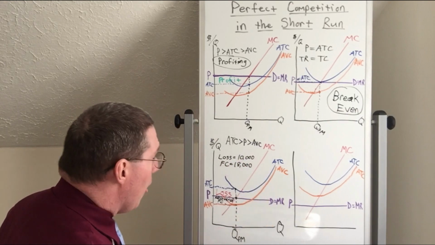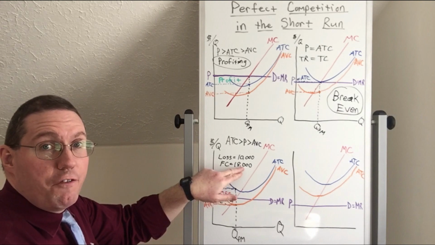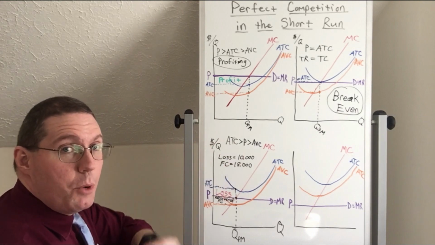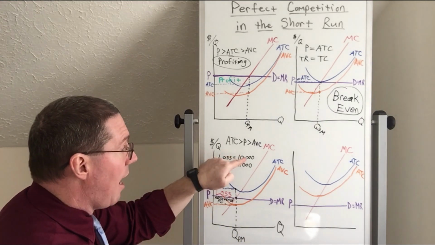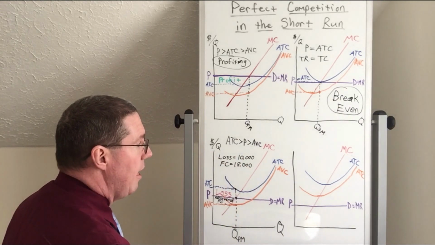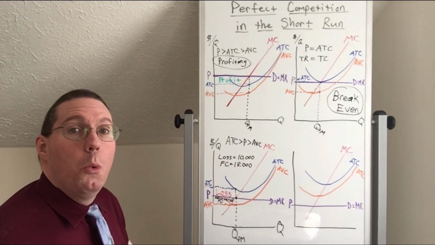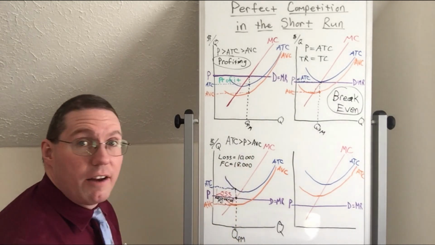If we shut down, we will have to pay out $18,000 in fixed costs. If we operate, we will be losing 10,000. So if you had to choose between losing 10,000 and losing 18,000, which one would you rather lose? You would rather lose 10,000 instead of 18,000.